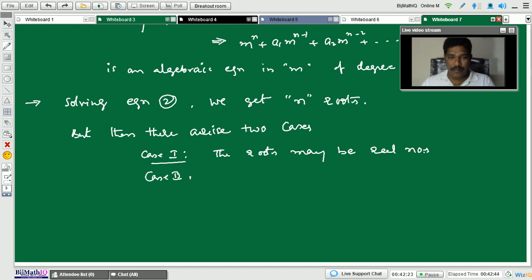And case 2 is the roots may be complex numbers.